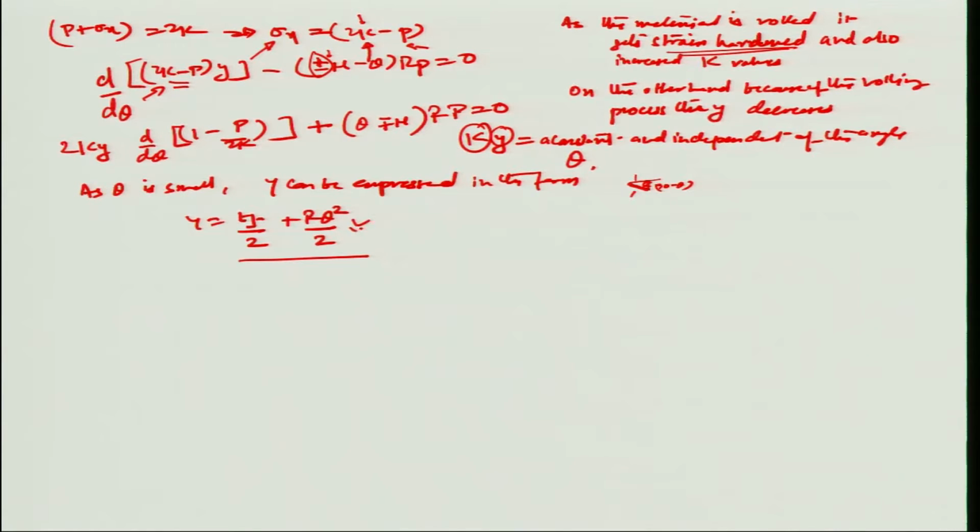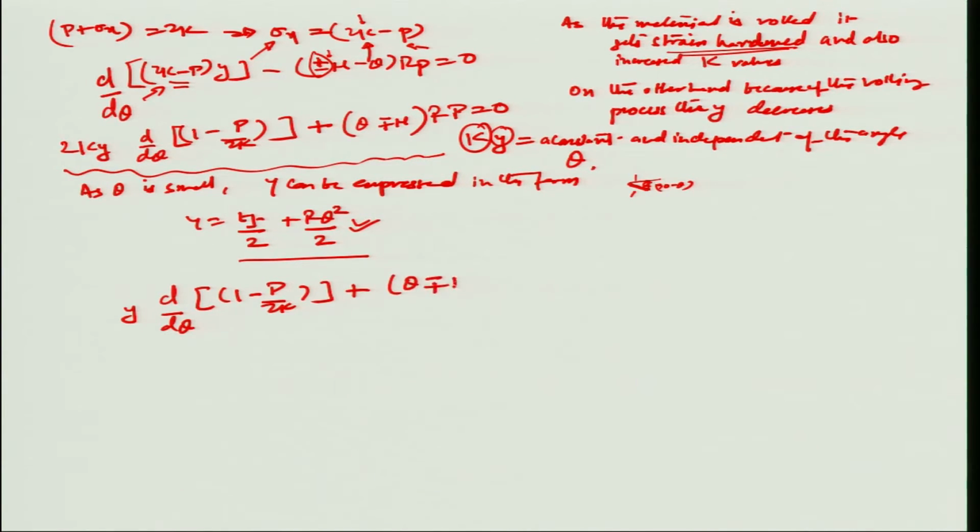So having estimated the value of y here, if I substitute this y into the relationship, we can divide this whole expression by 2k. Therefore the expression comes out to be y times d by d theta of 1 minus p by 2k, plus theta minus plus mu times r times p by again 2k.